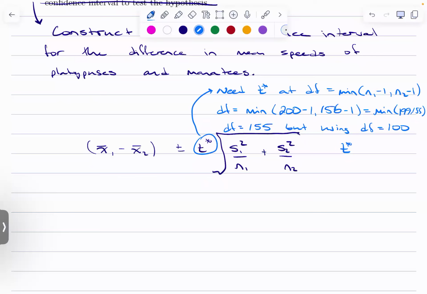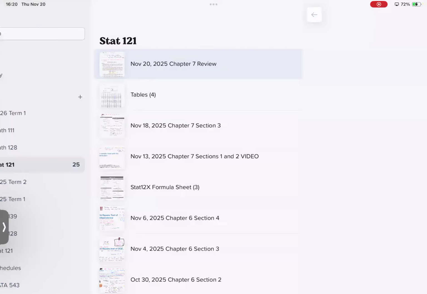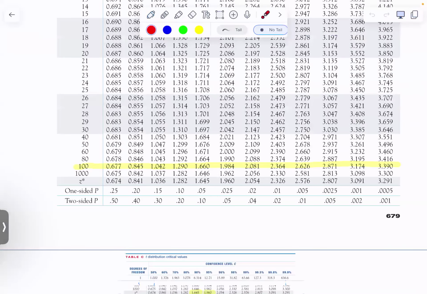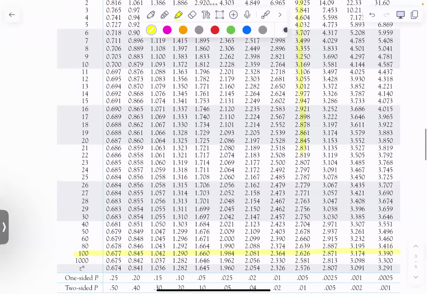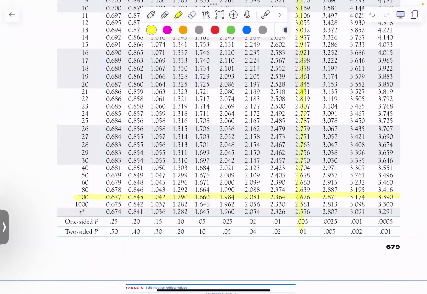T star, the critical value for a 99% confidence interval. So we still have 100 degrees of freedom, and I want to find 99 here. 2.626.